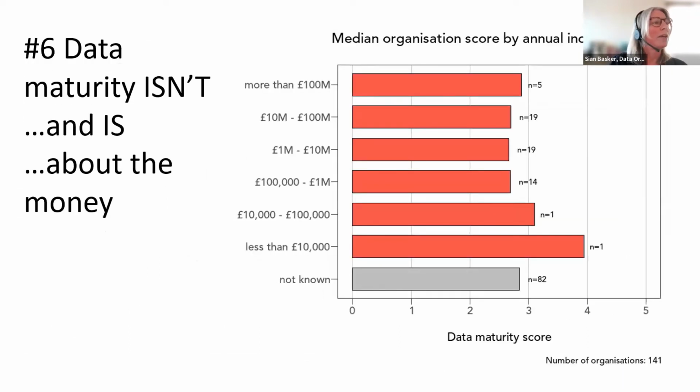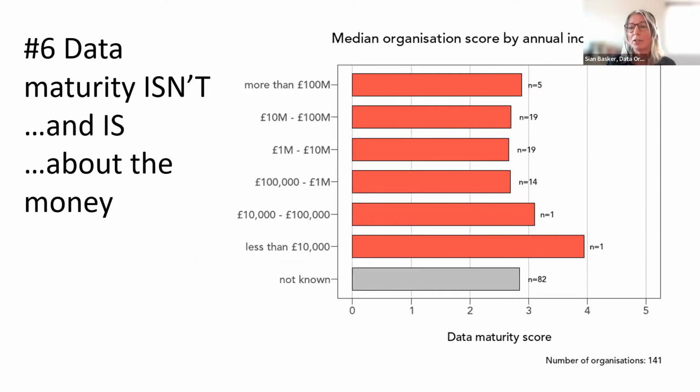Now, some of the other questions we get asked about a lot are about money. There's an assumption that really big organisations with lots of resources, or with data and analytics teams and departments, are doing fantastically, and that smaller organisations are not.